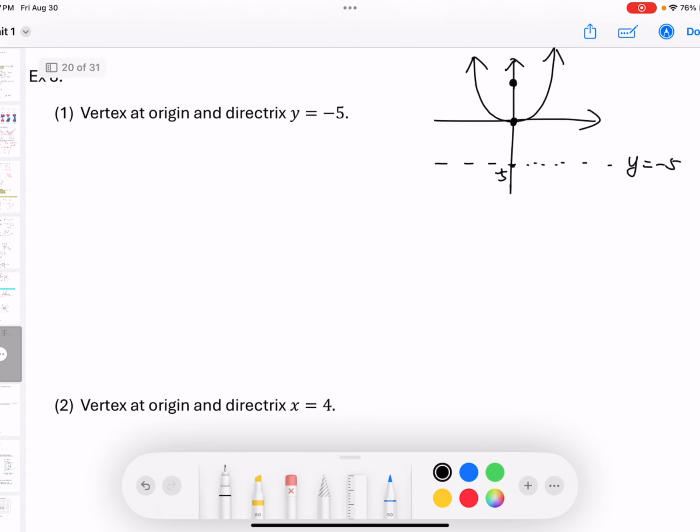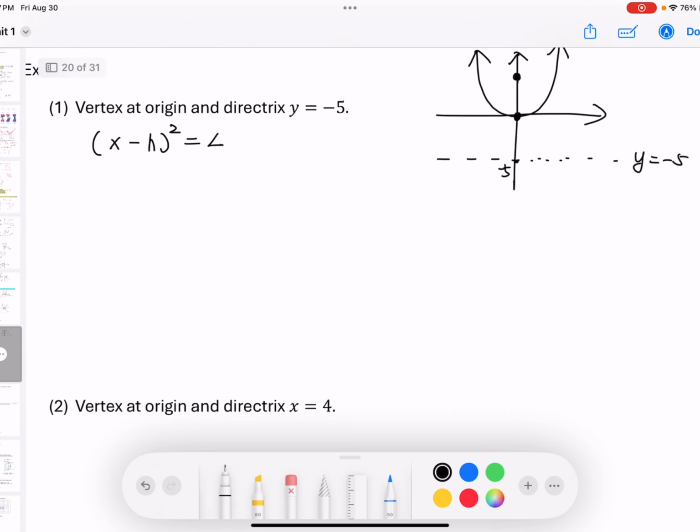Let's see. This one must have the form (x minus h) squared equals 4a times (y minus k). The h and k are both 0 because the origin is my vertex, so x squared is equal to 4a times y.